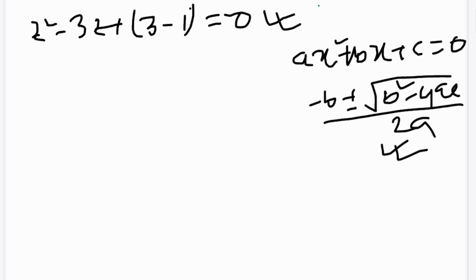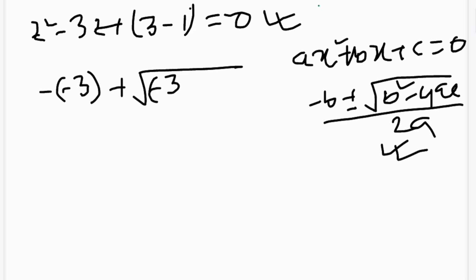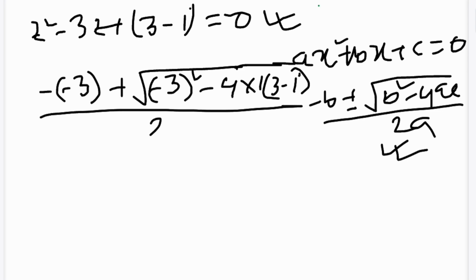It is simply -b, so that is minus (-3), plus or minus root over b², so (-3) whole squared, minus 4ac, where a is 1 and c is 3 - i, over 2 into a, that is 1.